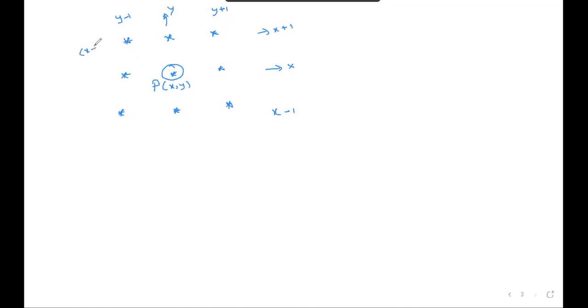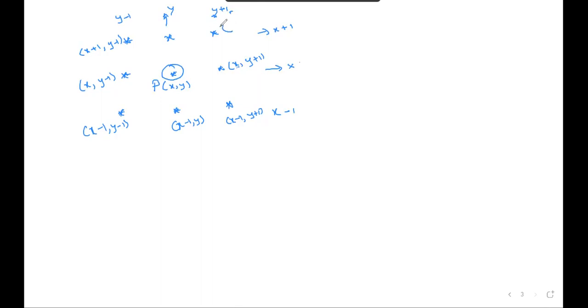See, X plus 1 comma Y minus 1. This one is X comma Y minus 1. This is X minus 1 comma Y minus 1. This position is X minus 1 comma Y. This one is X minus 1 comma Y plus 1. This one is X comma Y plus 1, because this is the X axis and the Y axis is represented with Y plus 1.